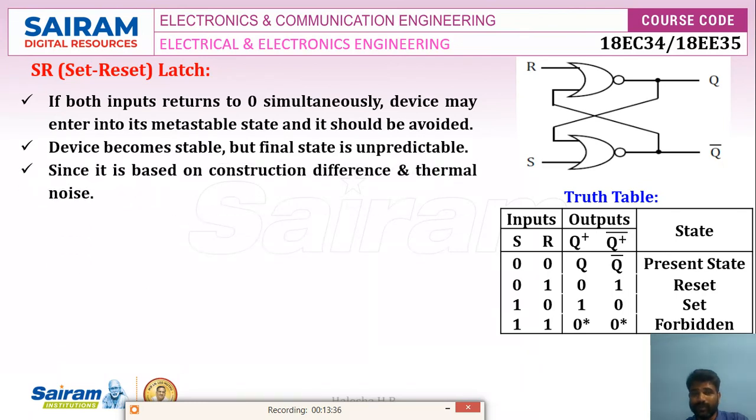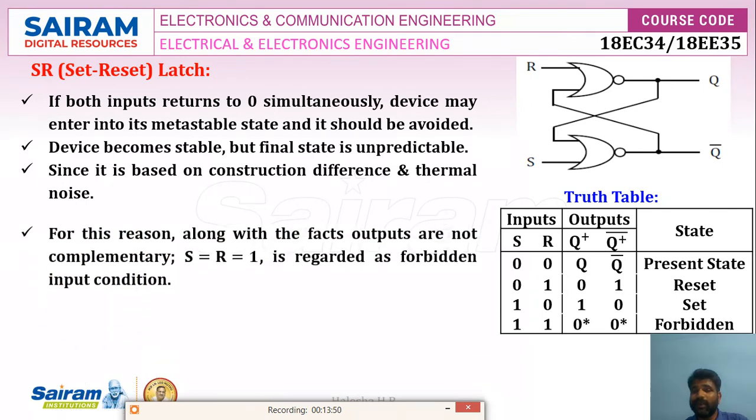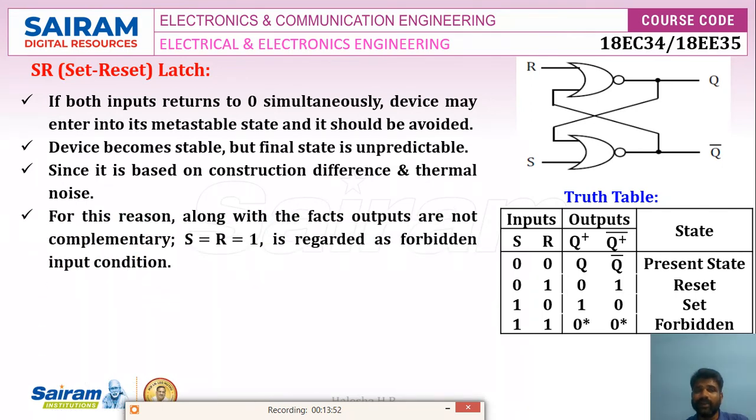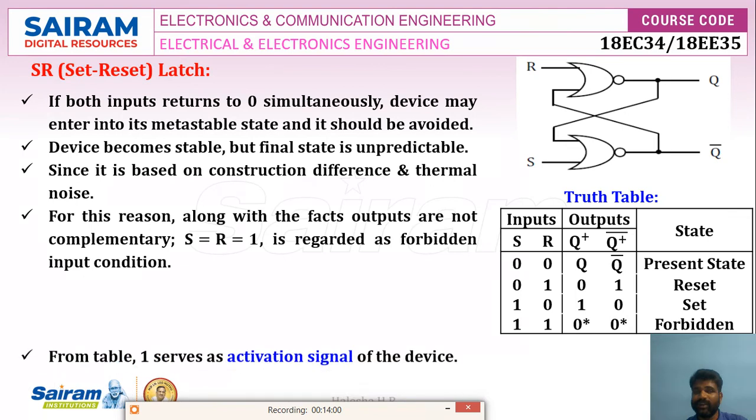Why? Because it is based on the construction difference and thermal noise. So for this reason, along with the fact that the outputs are not complementary, S equal to 1, R equal to 1 is regarded as a forbidden condition.